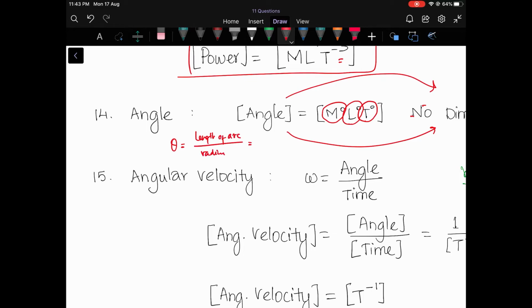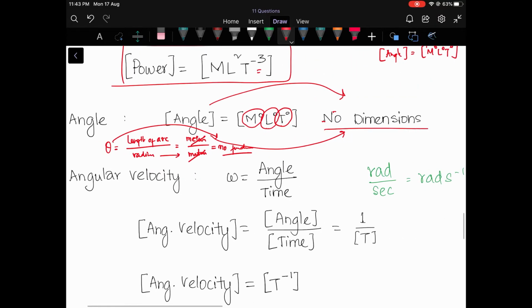Notice if you measure length of arc, you are going to measure in meters. Also if you measure radius, you're also going to measure in meters or centimeters. Both the units cancel. So angle will have no fundamental units, and hence I can even say that it doesn't have any dimensions.